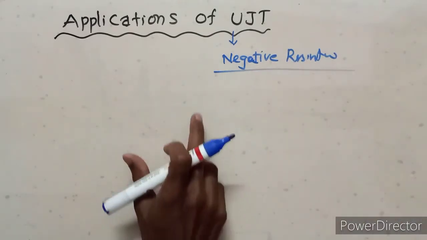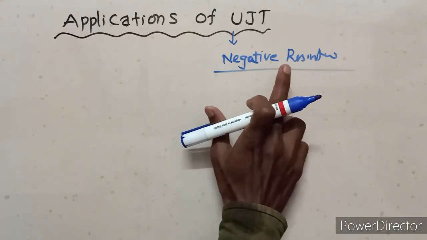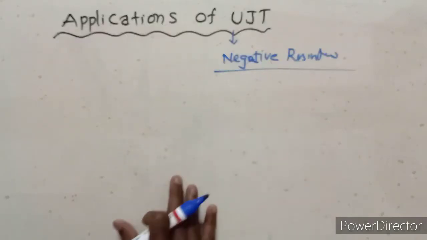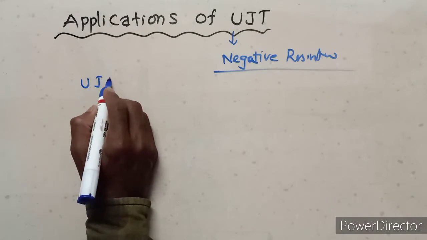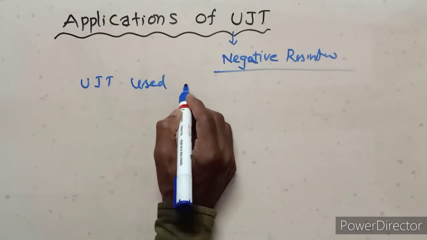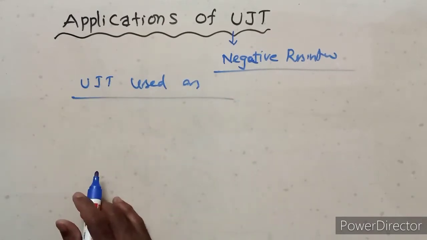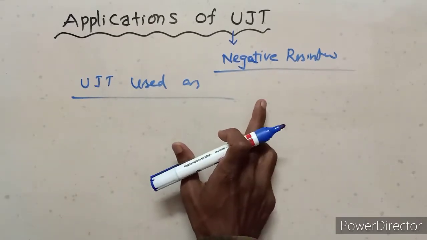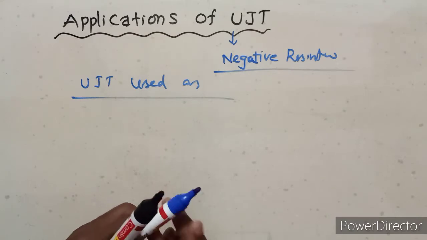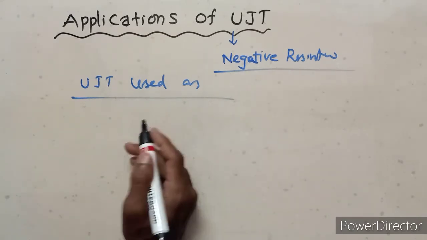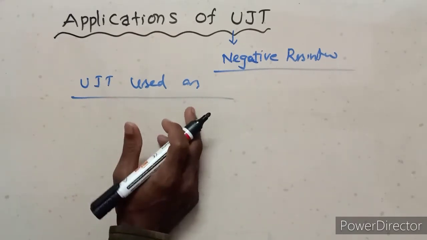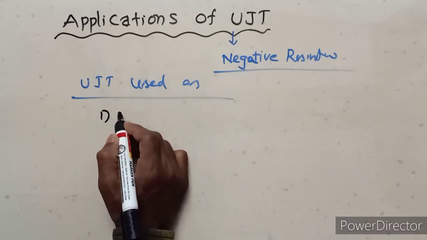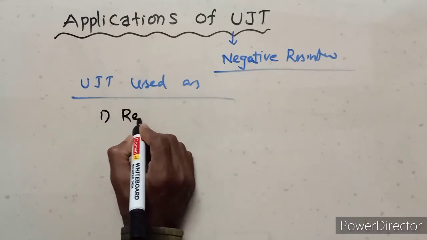Because of this characteristic, negative resistance, the UJT is used in many applications.